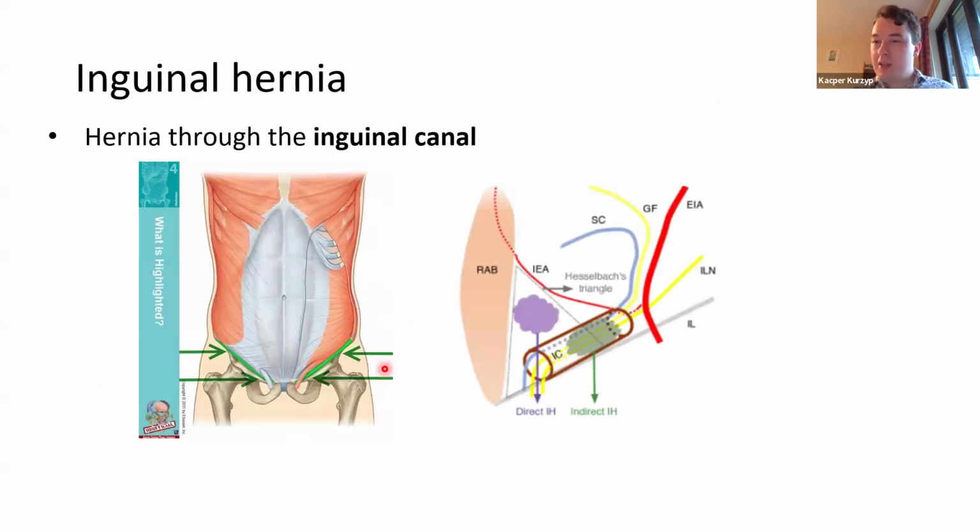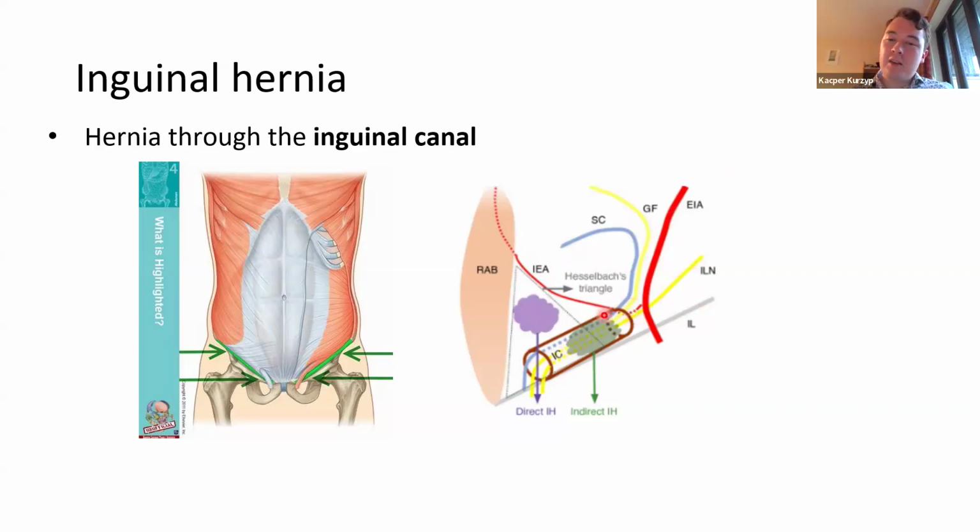Now, inguinal hernia is the most common, and because of that, you need to know it. And the examiners like to ask questions about the anatomy. So the inguinal canal goes from the ASIS to the pubic tubercle, and in development, you have the spermatic cord or the round ligament going through it.